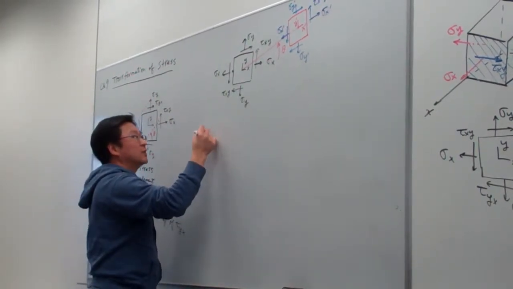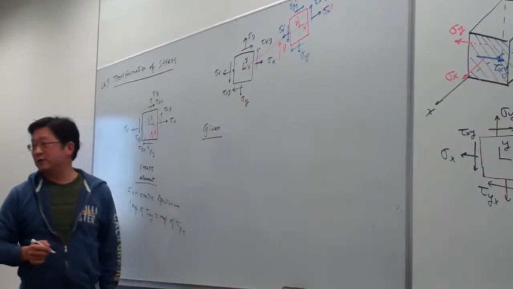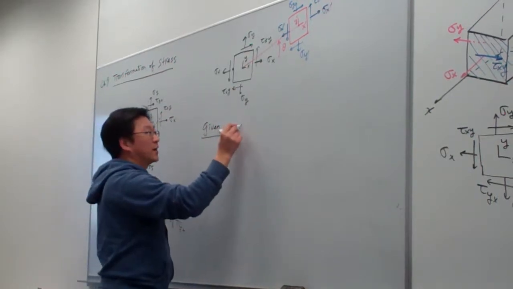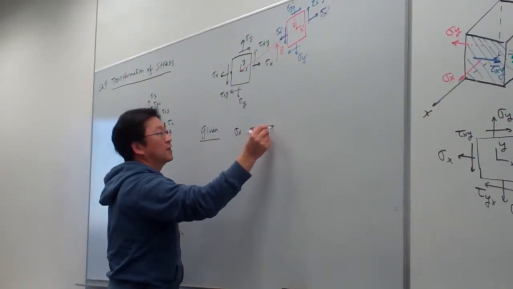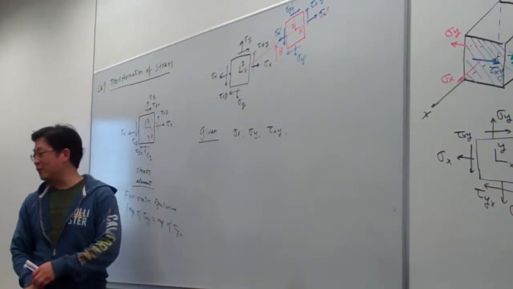So the problem statement is this: based upon your homework, the combined loading, we are given sigma x, sigma y, tau xy. So those three values, for example, again from your homework, chapter 8.